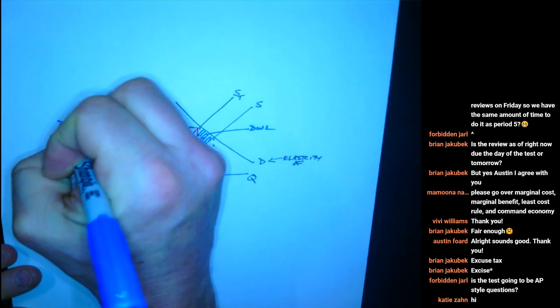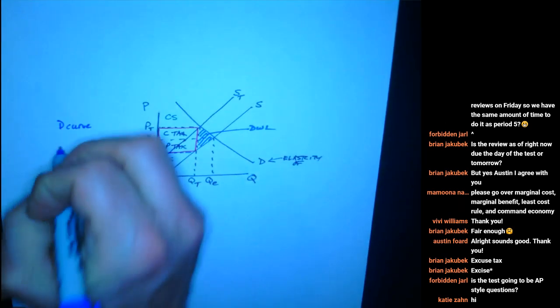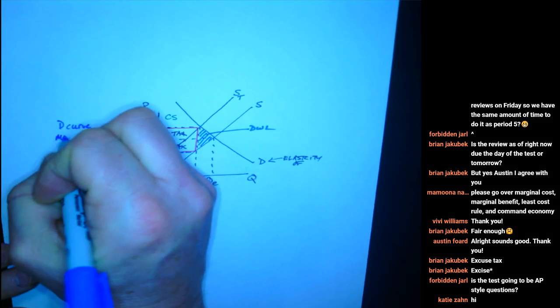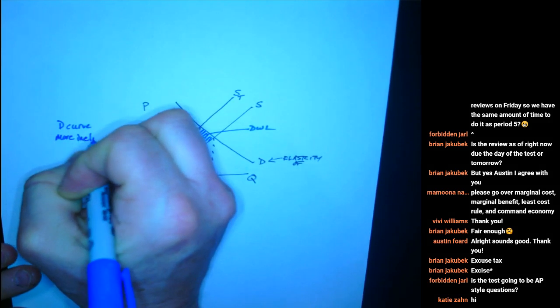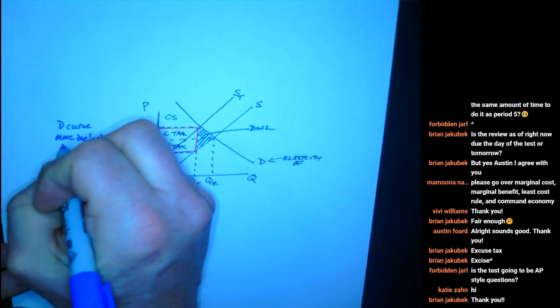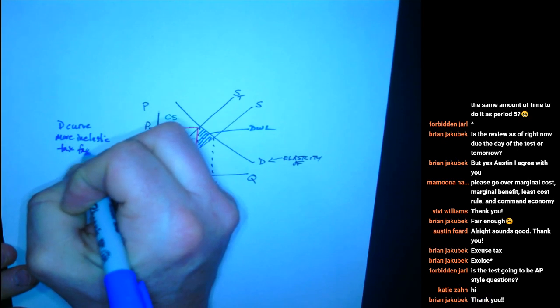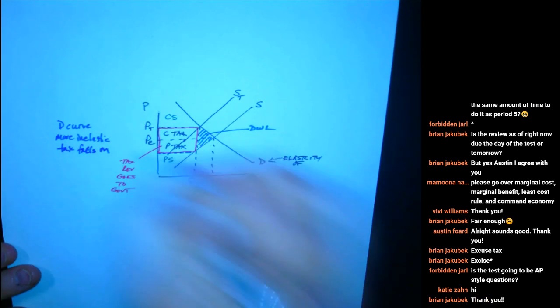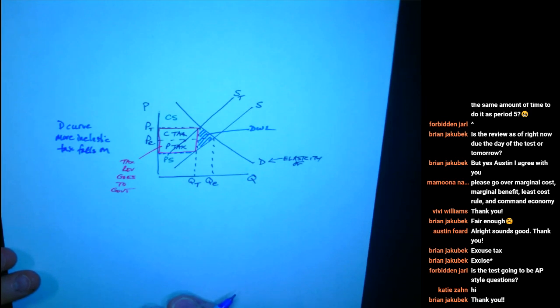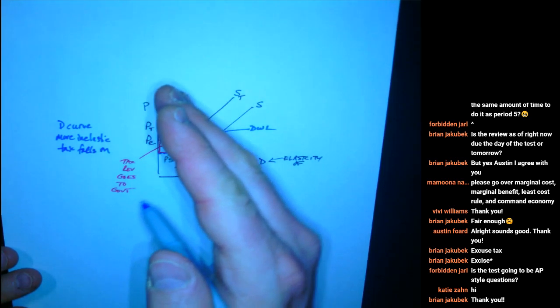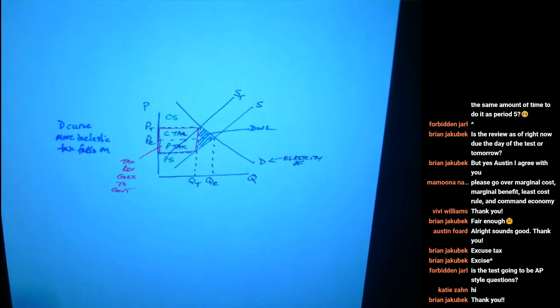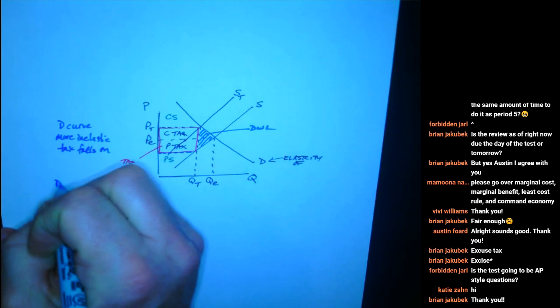Okay? Now, if the demand curve is more inelastic, the tax falls on who? The producer or the consumer? Which one?